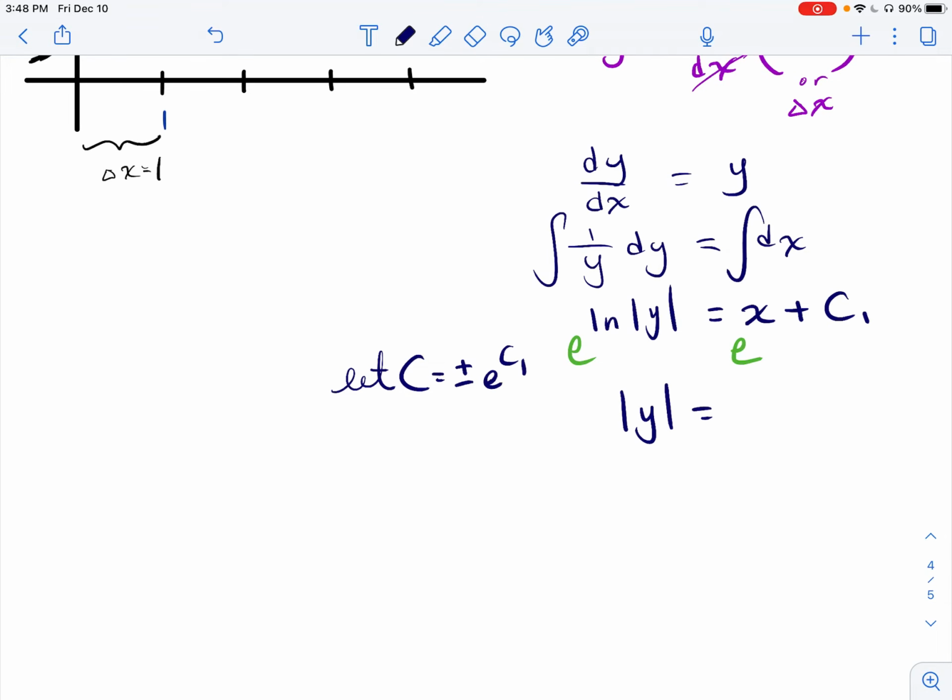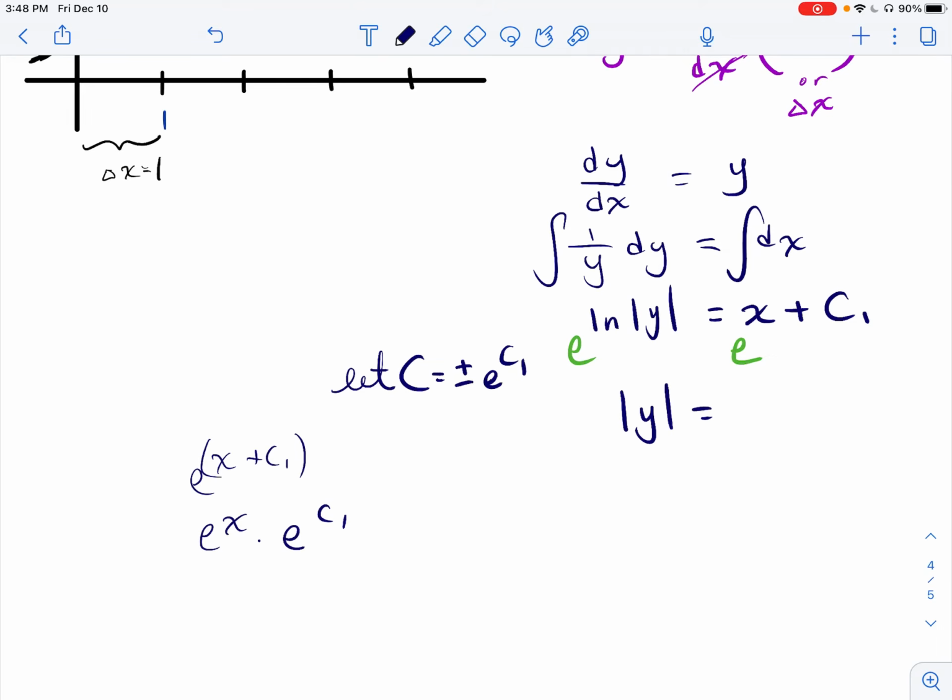And I discussed this in a previous video, but effectively we're just using exponent properties, right? We're rewriting e to the x plus c sub 1 as e to the x times e to the c sub 1, right?